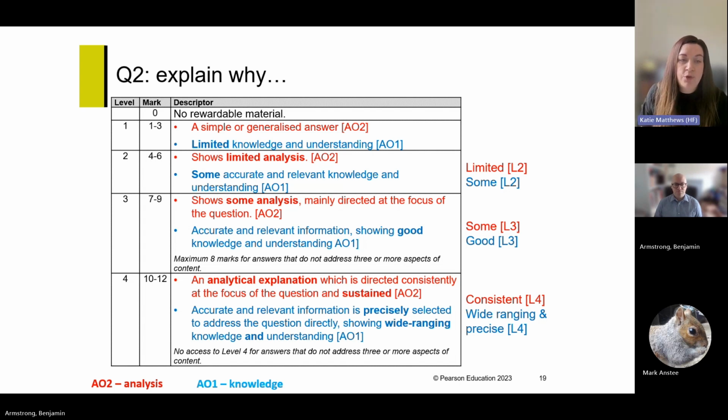We're looking at your knowledge as well, so some in a level 2, good in a level 3, and wide-ranging and precise in a level 4. And what we mean by that is that you're covering the full date range and you're being as accurate and precise as possible. Let's take a look at a sample question.